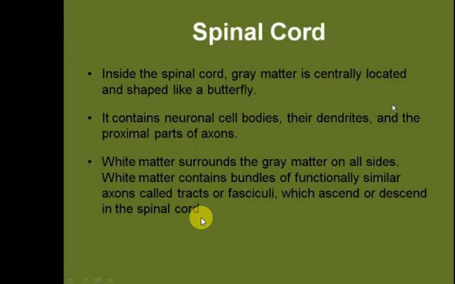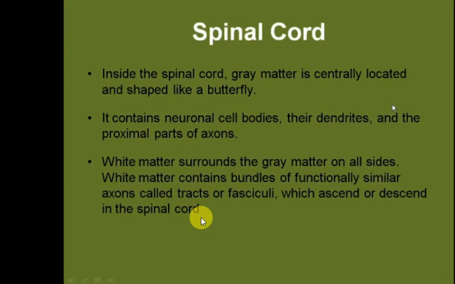And what is the gray matter? Gray matter actually is the neuronal cell bodies and the dendrites. The dendrites plus the neuronal cell bodies constitute the gray matter, and the proximal part of the axons also. The remaining axons form the white matter.